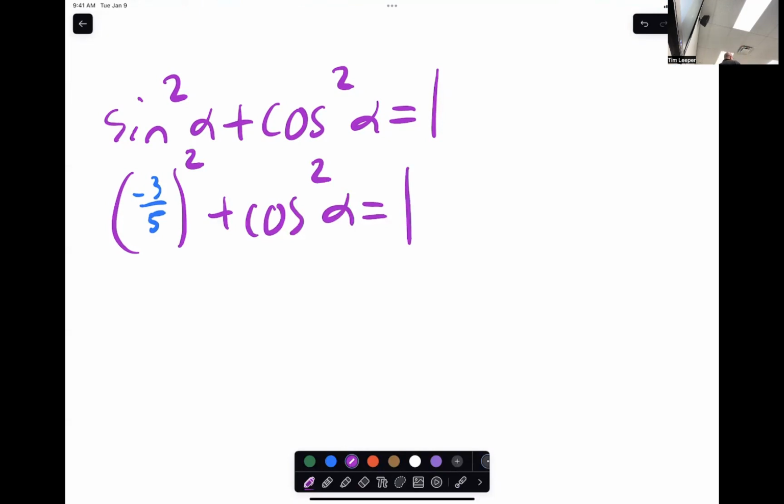Be careful. When you square anything, it's going to be a positive. One or two of you out there, when you squared the negative, you got negative out of it. So be sure to do that in parentheses if you're using the calculator. Instead, just do this in your head. What's 3 squared? 9. What's 5 squared? 25. We have 9/25 plus cosine squared alpha is equal to 1.